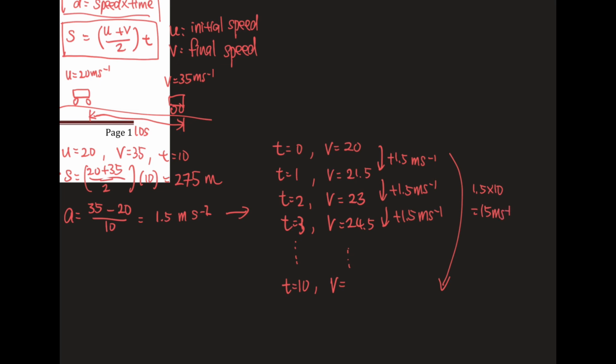So 20 plus 15, that is 35. This step-by-step working is just to let you see or imagine what acceleration is. So 1.5 means every 1 second the speed increases by 1.5 meter per second. Okay, now we have done acceleration.